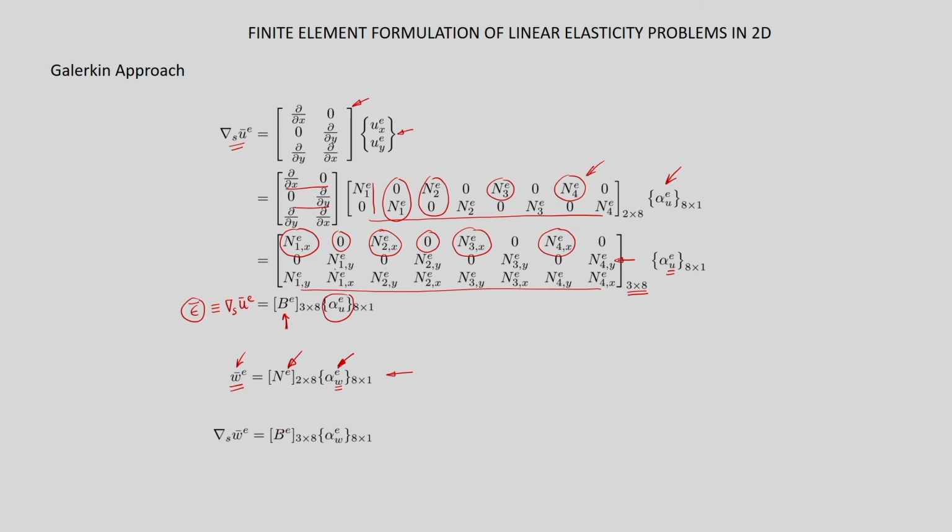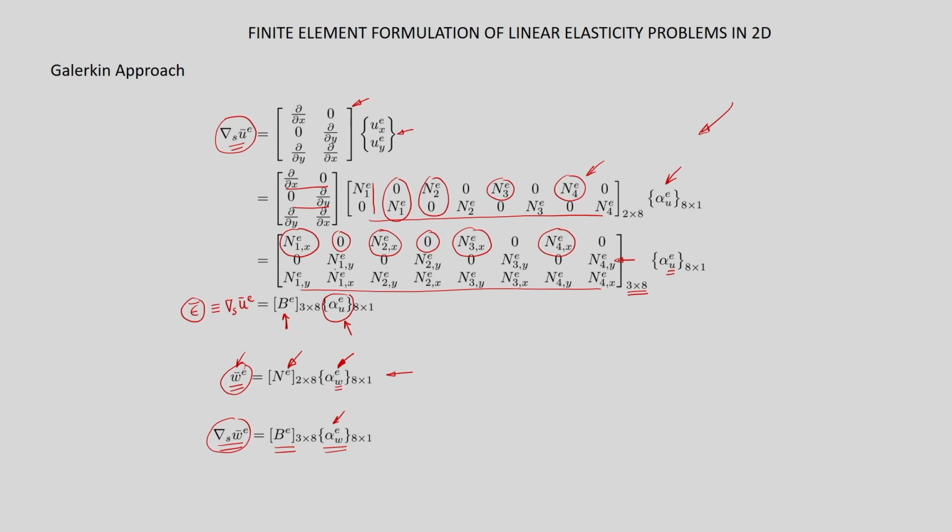Now, the next thing is we have to calculate the symmetric gradient of W. So, we can follow the same process that we did for calculating the symmetric gradient of U, and at the end we will end up with the same matrix B^E times alpha W. So, only the alpha U part in the symmetric gradient of U will be replaced with alpha W. So, now we know the expressions for U, W and the symmetric gradient of W.